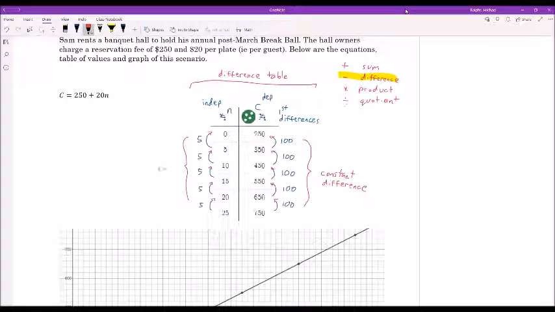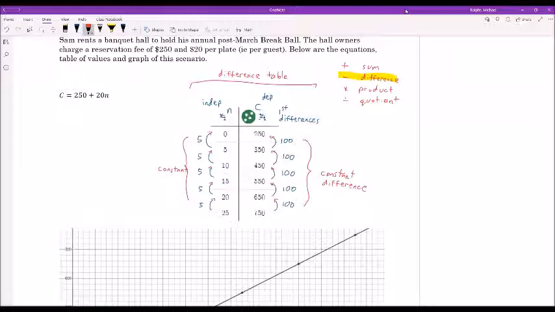Okay, so this is important that if the differences in the dependent variable are constant, it's important that the differences in the independent variable are constant. Okay. If they're not, then what I'm going to show you won't really work out as well as it should, or it won't indicate the same thing.